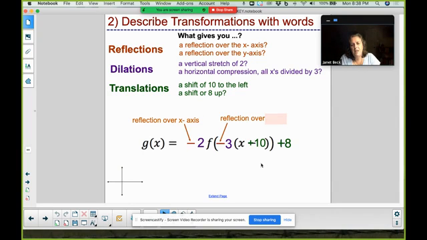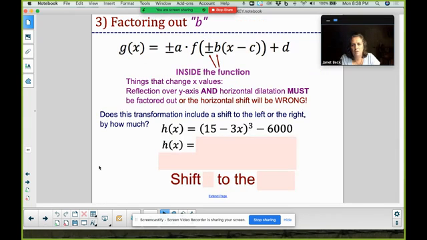Anything that's happening inside your function is going to change x values. So if you changed x values, say you had a point over here with an x value of positive 4, and you reflected it so your x value was negative 4, look what axis you just popped over. It was your y-axis. So moving on.